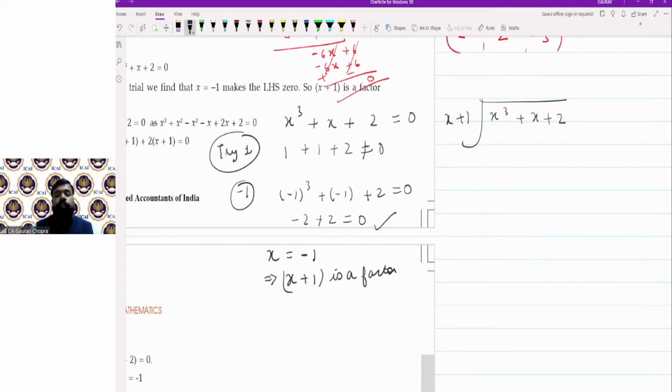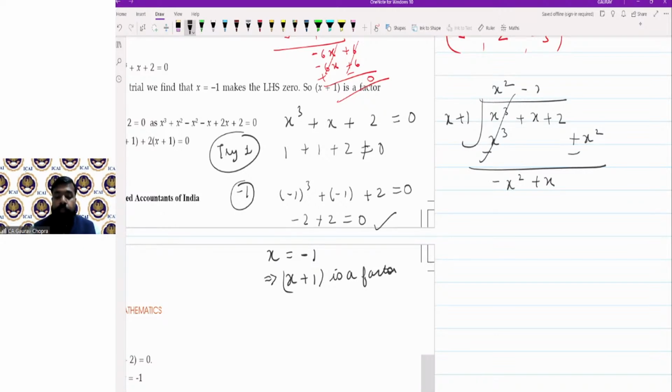अब हम इसको x plus 1 से divide करेंगे. So again trying with x square: x cube plus x square, sign change, this is cancelled. What is left? Minus x square plus x.